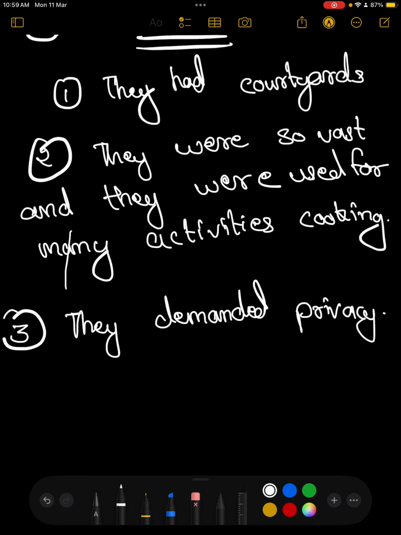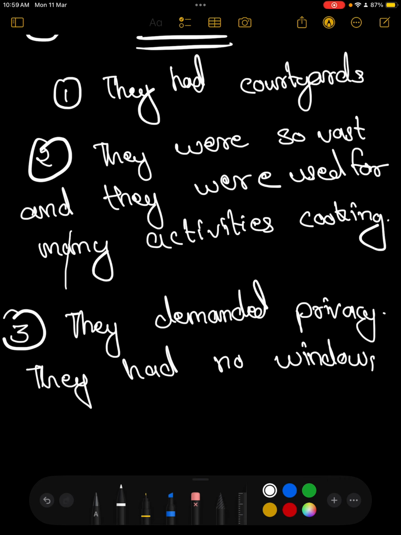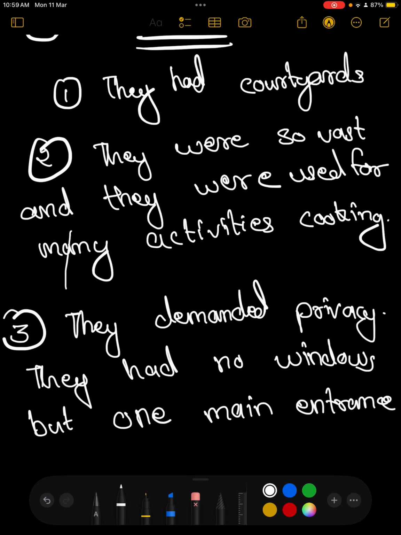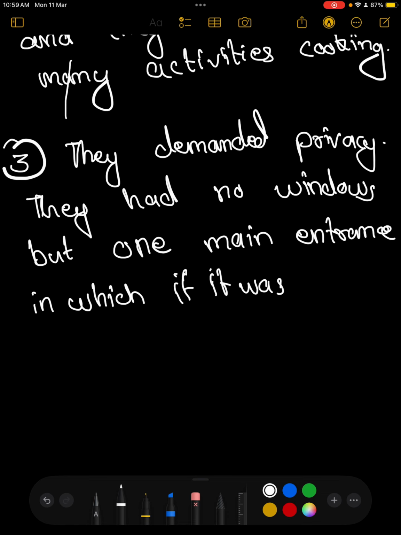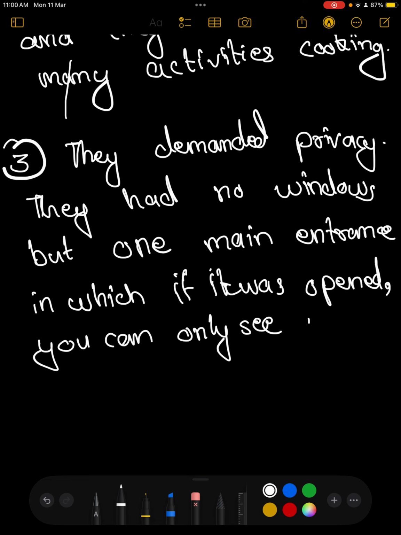How do we clarify this? It is because they had literally no rooms facing the street, no windows, but one main entrance, which, if it was opened, you could only see the courtyard. This was the most unique thing about their privacy.